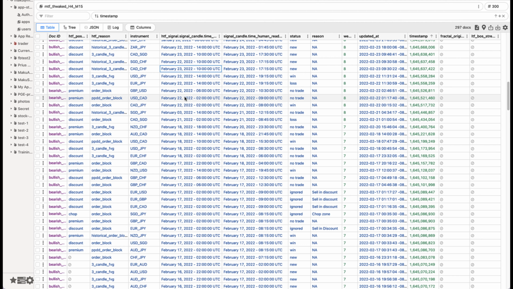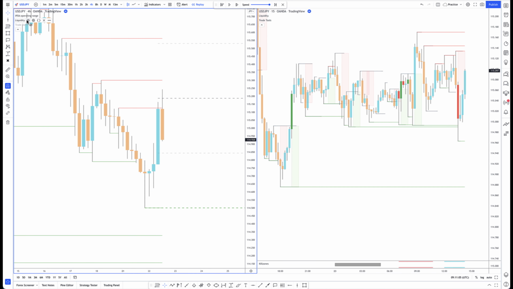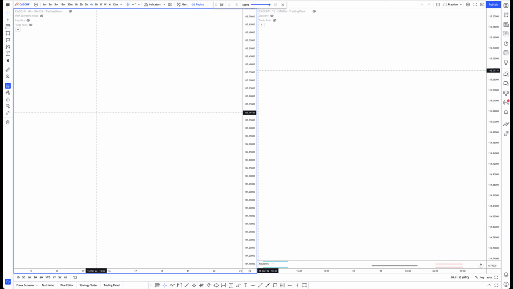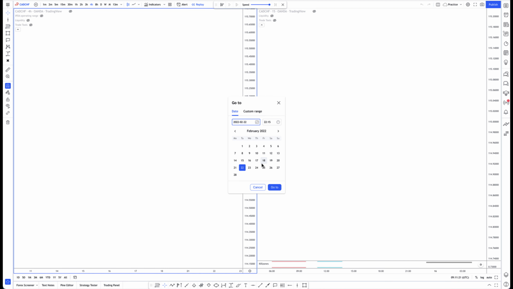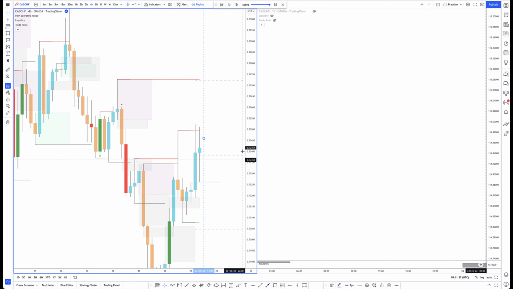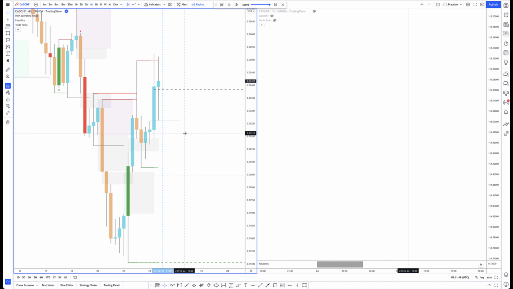CAD CHF, Feb 23, 10 UTC. Look at that fair value gap. So where is this fair value gap?